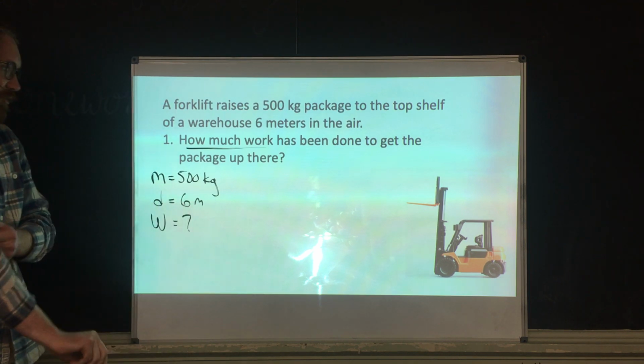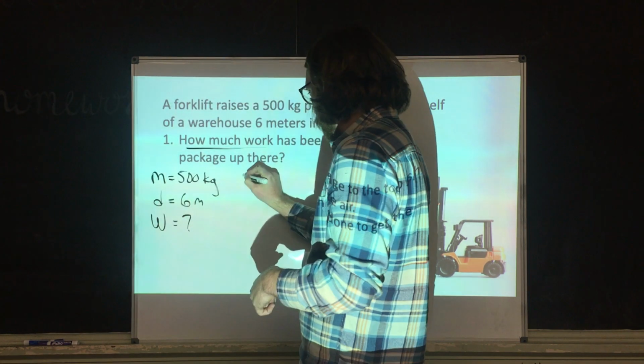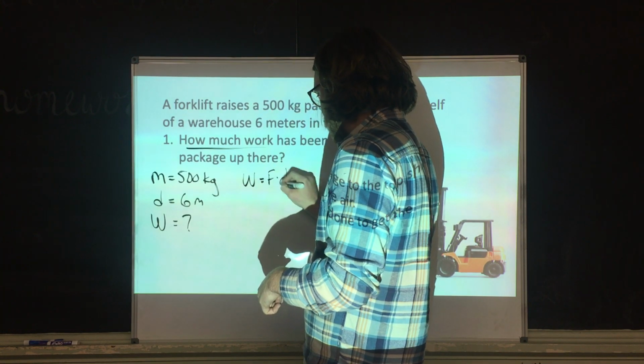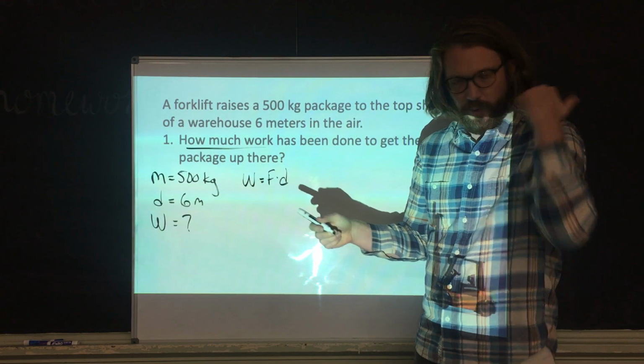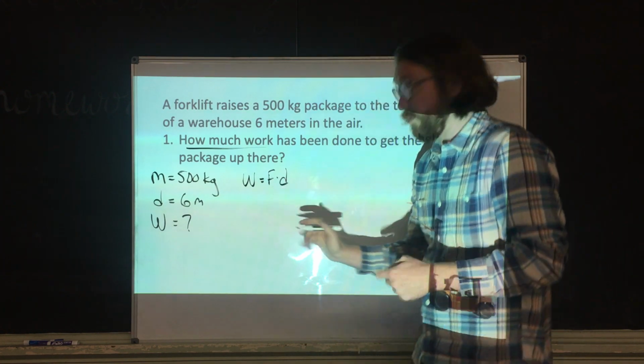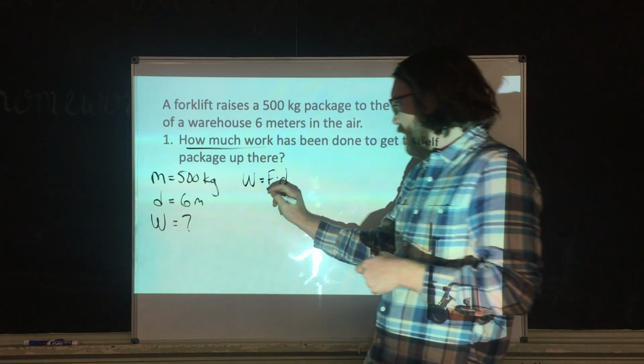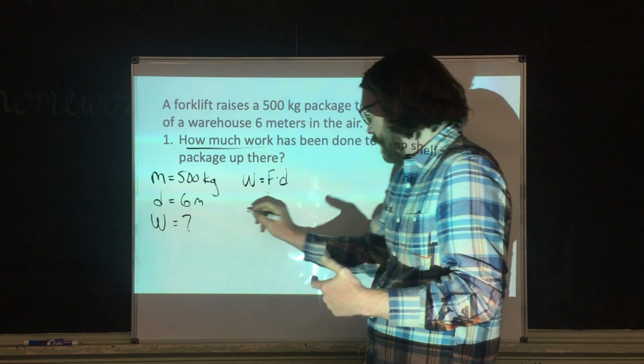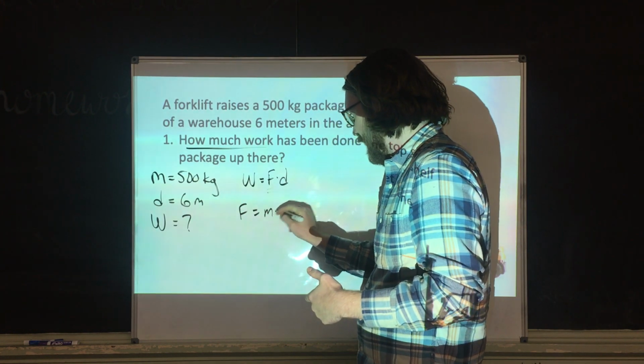Now if you remember, work equals force times distance. This was our equation from last class. We know the distance we're moving it, 6 meters up, so we have to find force. Well, again, force equals mass times acceleration.